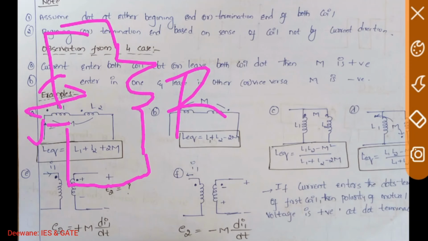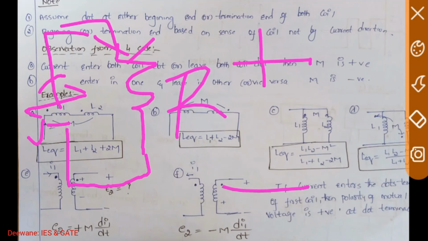For a passive device, for a load, current always enters at the positive terminal. Hope you understood the terminology. For a source, an active device, current always leaves the positive terminal. For a sink or a load, current always enters at the positive terminal.